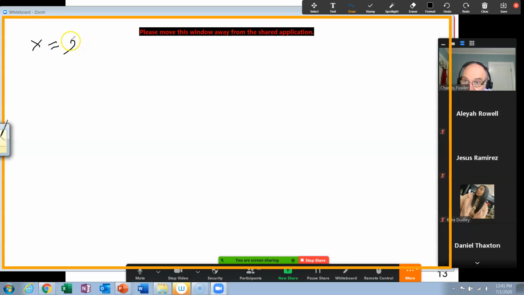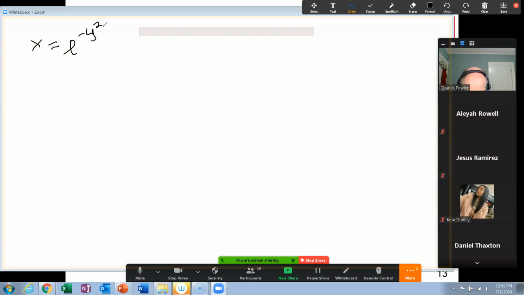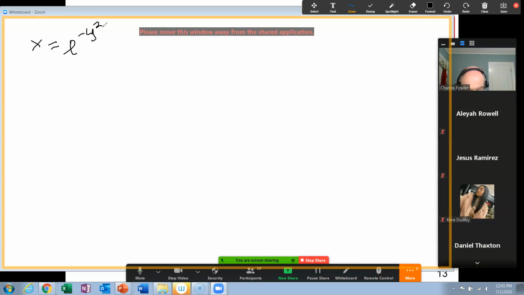Okay, there is your function, about the y-axis, with y going from 0 to 1, and the x-axis.